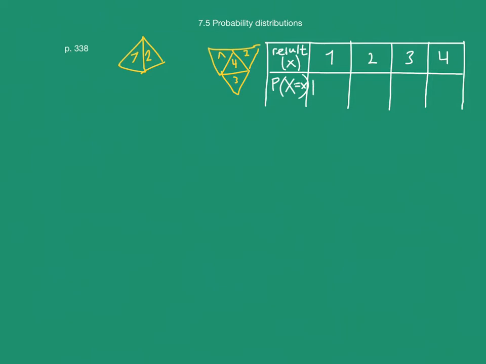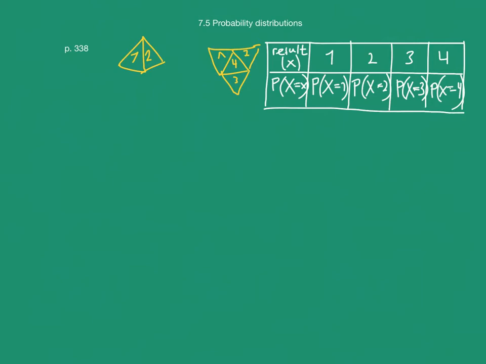So we could write that as the probability that X equals 1, and the probability that X equals 2, and the probability that X equals 3, and the probability that X equals 4.